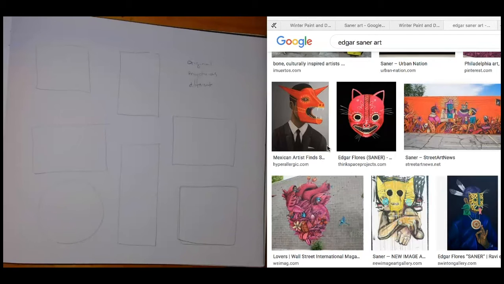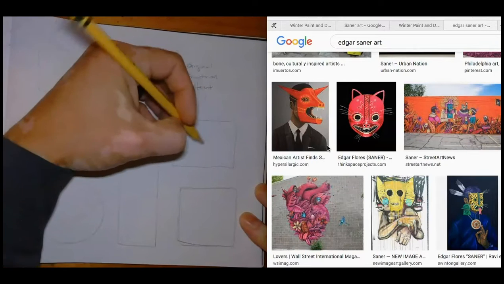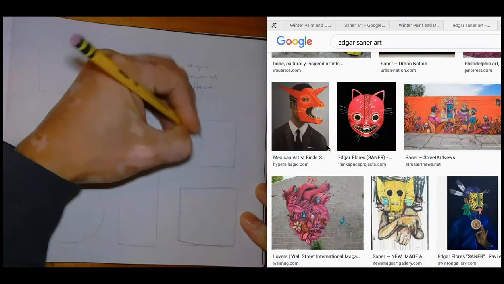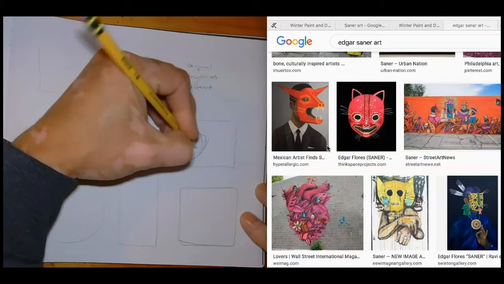Sanet is an inspiration because I feel like he almost stole some of my style, but let's not put it that way. I want to try to draw using him as inspiration, looking at this little person here. What I'm going to do is draw them.